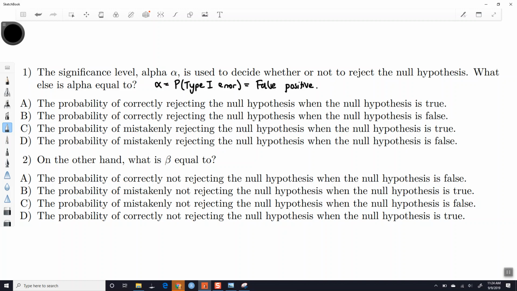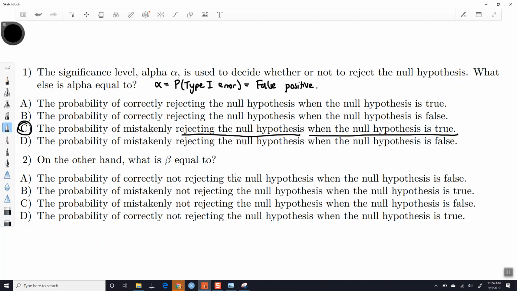And so what is the result there? It is C. Mistakenly, we've rejected the null hypothesis when the null hypothesis is true.